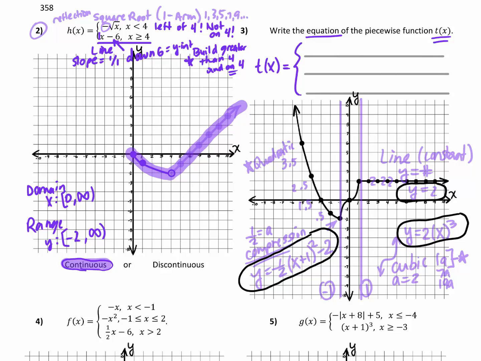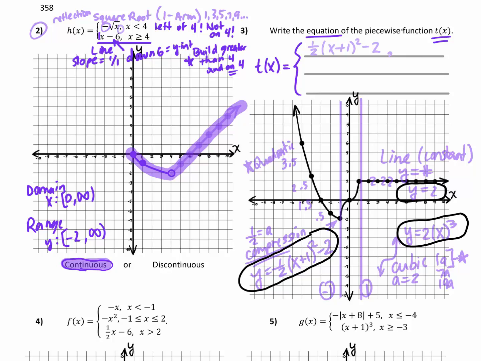That seems to make the most sense. So the first one, if we copy down 1/2 (x plus 1) squared, and then minus 2. The instructions, if you've noticed, will always follow a comma. So I just put a little comma there.